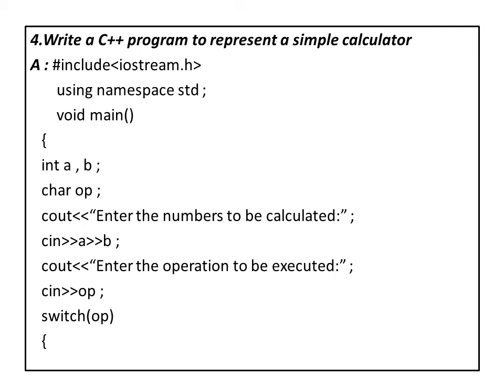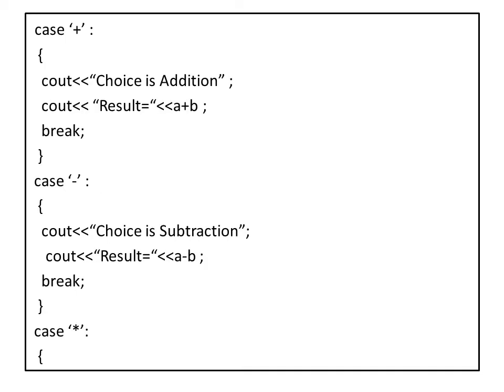Now we enter the switch. Suppose we entered plus. If it's plus, it will enter case plus and it will print choice as addition, and we'll get the result as a plus b, and the program will break there. If it's a minus sign, choice is subtraction, and the result we'll get is a minus b.